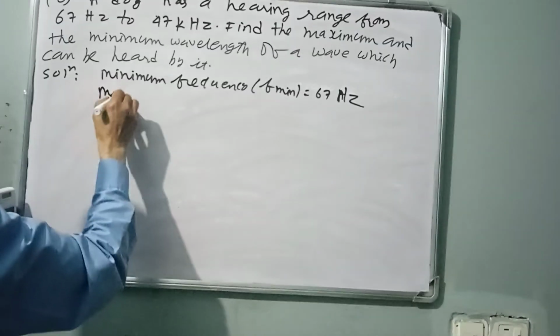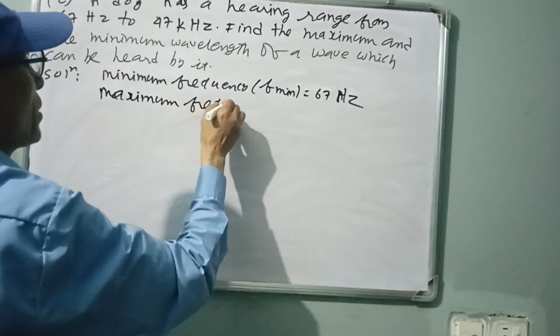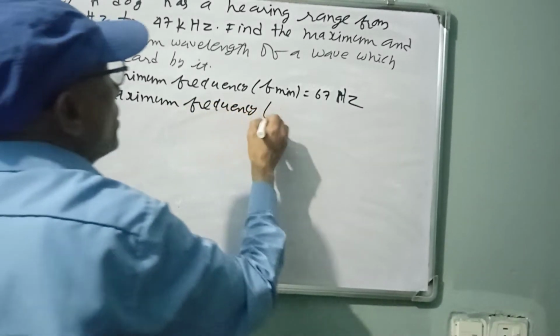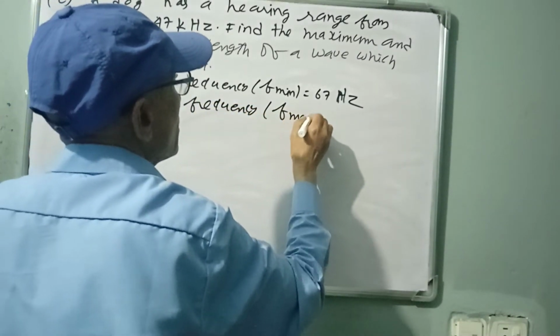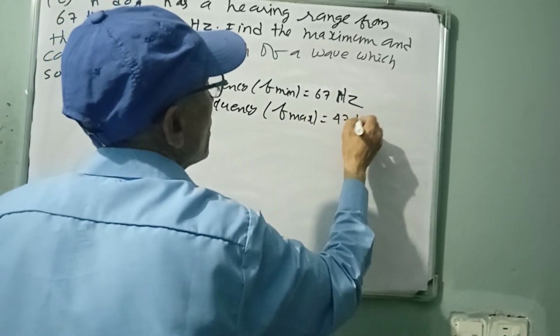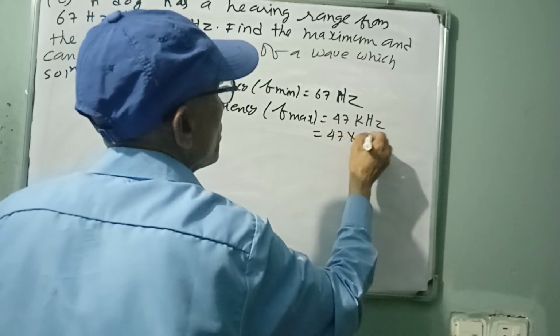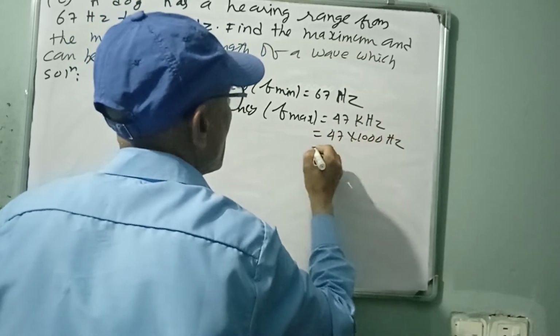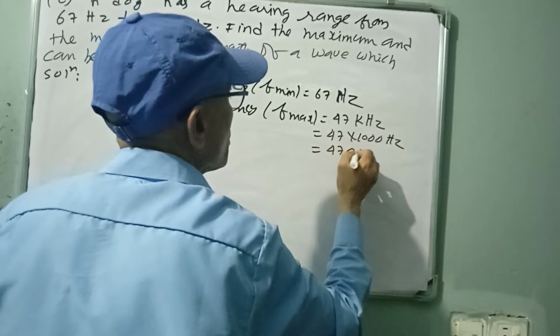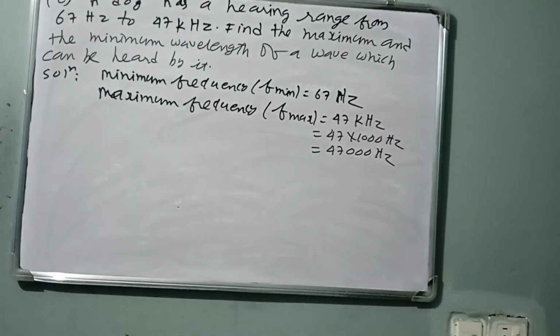Maximum frequency f max is given, 47 kilohertz, 47 into 1000 hertz, 47000 hertz. Change into the SI system of units.